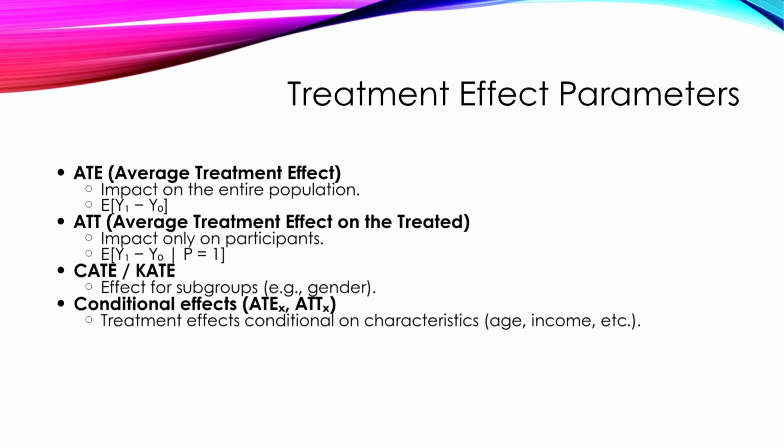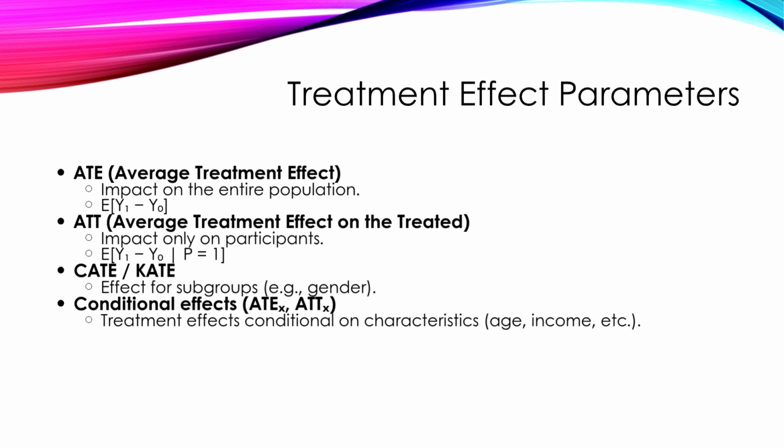And so the ATT is equal to the expected value of Y1 minus Y0 given that P is equal to 1. And then we have the conditional average treatment effect, or CATE. This is the mean impact of a program for a subgroup, for example gender. And then we have other parameters like the ATEX and the ATTX. These estimate effects conditional on observable characteristics, for example age or income.